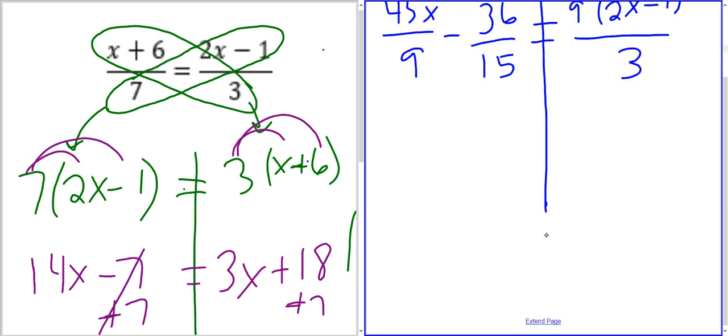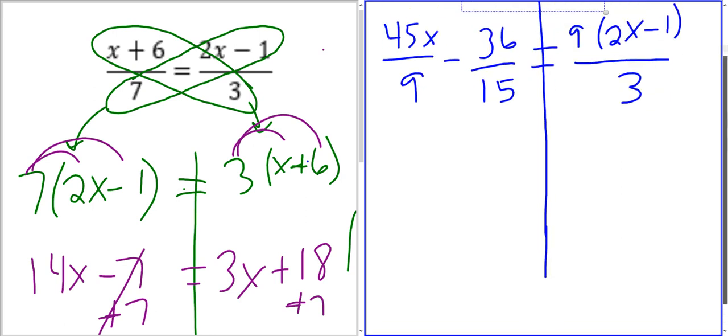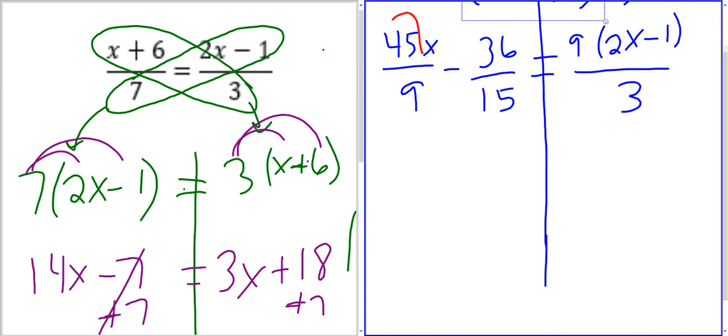Okay, so now we're going to do some simplifying. 45 over 9, that is 5, so this is 5x. Negative 36 over 15, it reduces, those are both divisible by 3. So if I divide each of those by 3, so 36 divided by 3 gives you 12. I'm going to write minus 12. And 15 divided by 3 is 5. So it's 12 over 5.